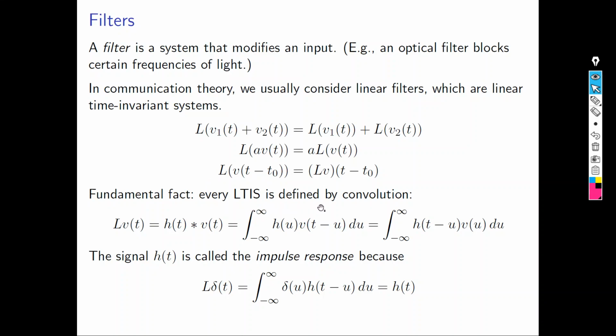Every linear time invariant system is defined by convolution, which is given as follows, and we explained it in the previous slides. The signal h(t) is called the impulse response. Suppose you have a system and you don't know its response, you don't know how it behaves, how it acts on your signal.